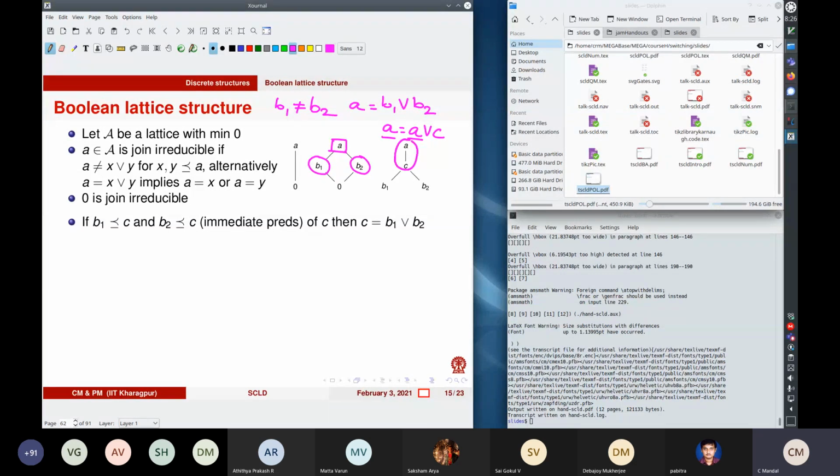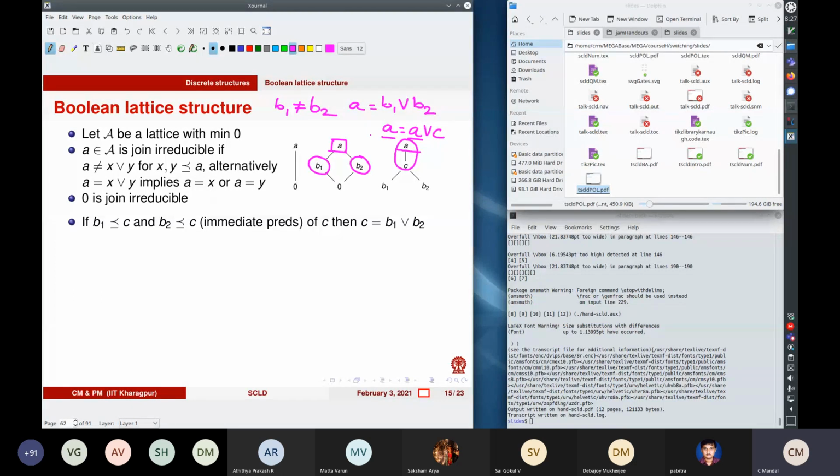In the other case, the element doesn't have a unique predecessor. It has two or more, here two distinct predecessors. So in that case, you can non-trivially express A as the join of B1 and B2, but in this case you cannot non-trivially express A as the join of two distinct elements. Alright. So in this case, A is join irreducible. You cannot express A as the join of two distinct elements.